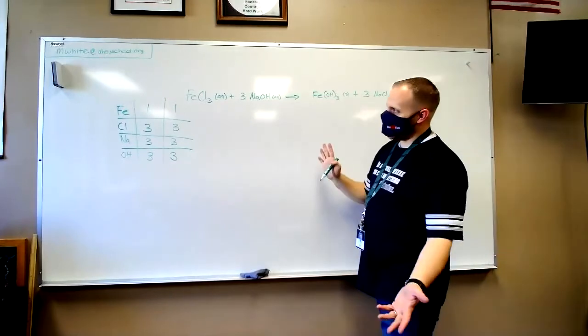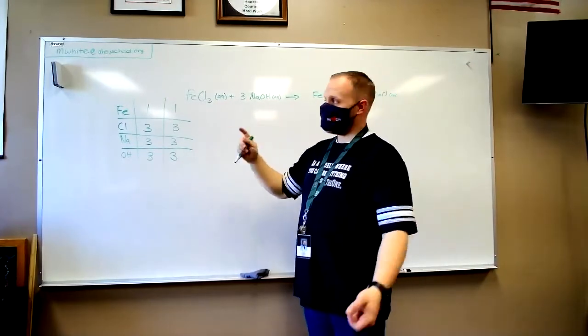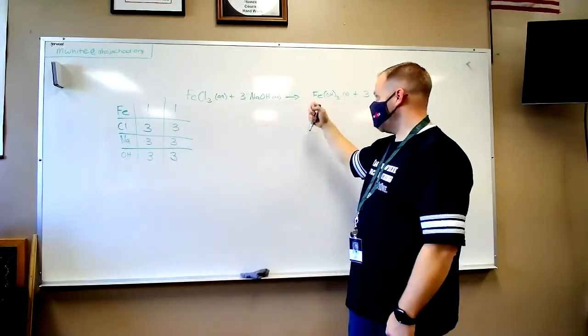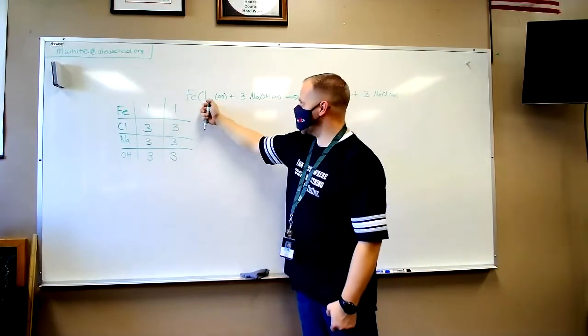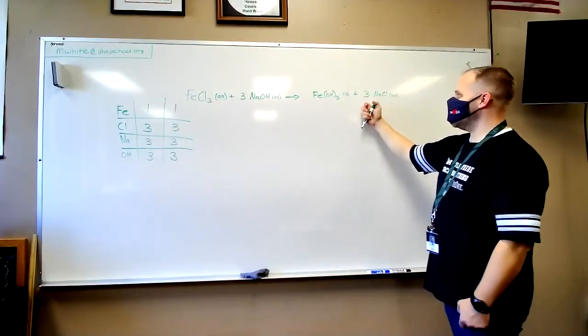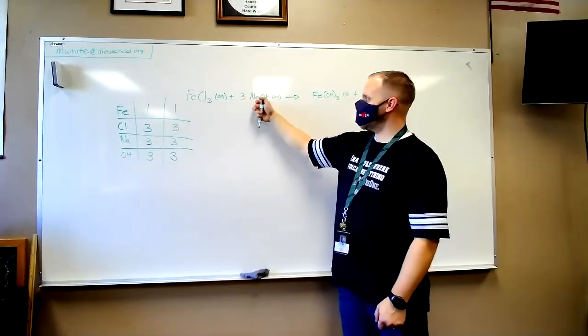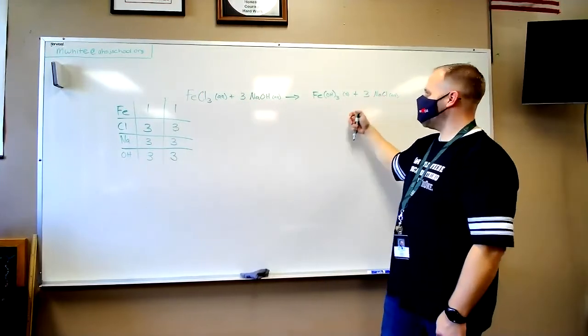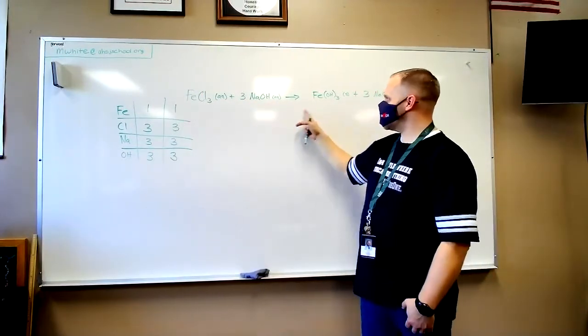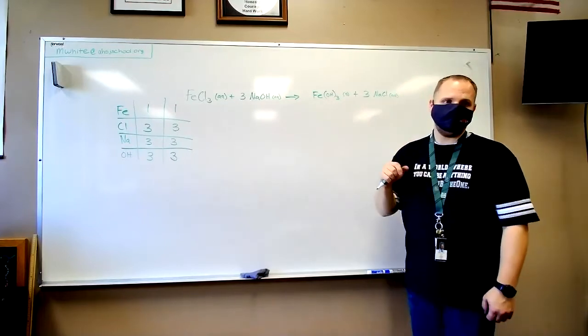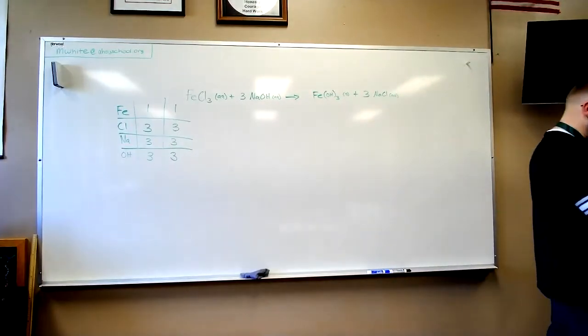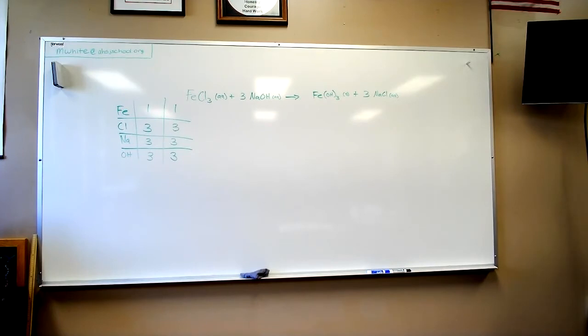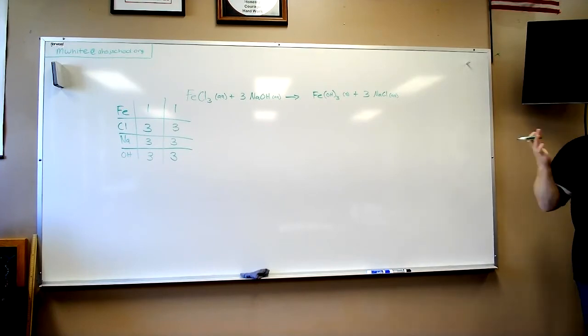Once again, like I said, we can always double check. 1 iron, 1 iron. 3 chlorine, 3 chlorine. 3 sodium, 3 sodium. 3 hydroxides, 3 hydroxides. As long as you can have everything the same on both sides, you're done.